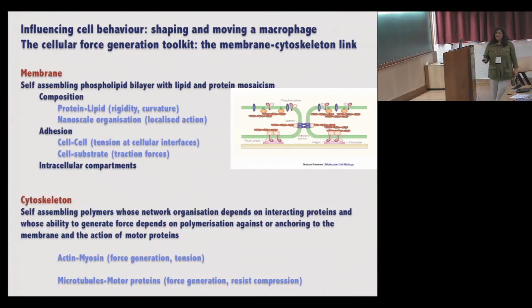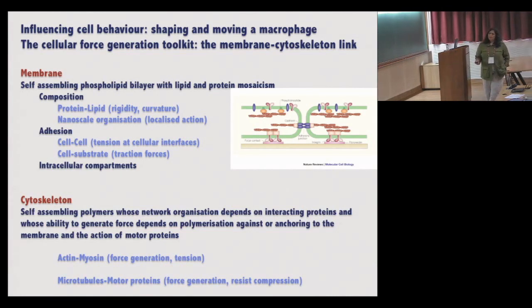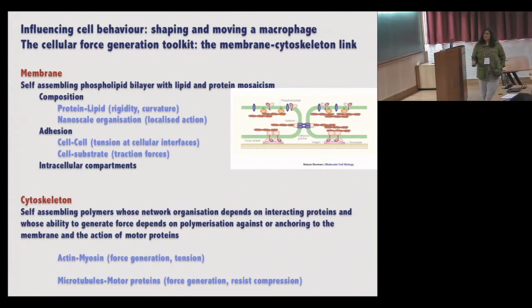Likewise, the cytoskeleton is made up of polymers that also self-assemble and whose network organization depends on interacting proteins. And their ability to generate force depends on polymerization against or anchoring to the membrane or the action of motor proteins.